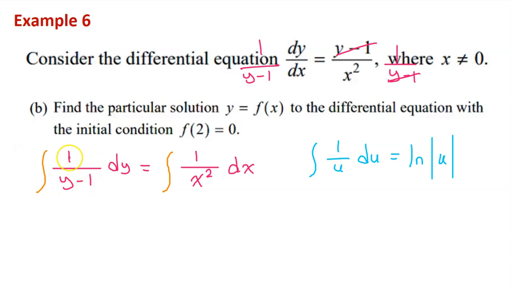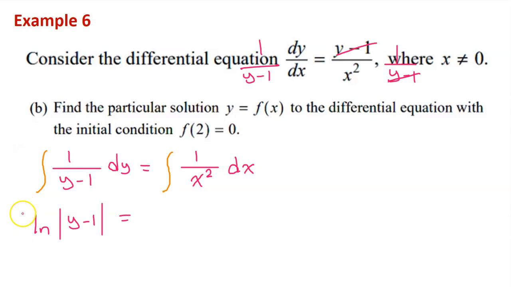So I can just go ahead and take the antiderivative with respect to u. We know that the antiderivative of 1 over u du is the natural log of the absolute value of u. That's our memorized rule. So let's do that right now. This will be the natural log of the absolute value of u.